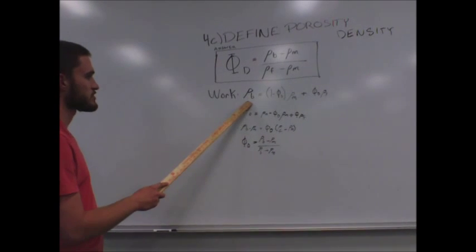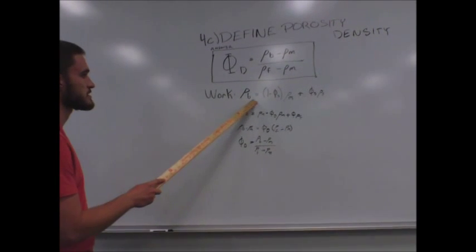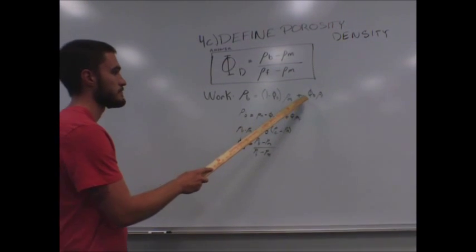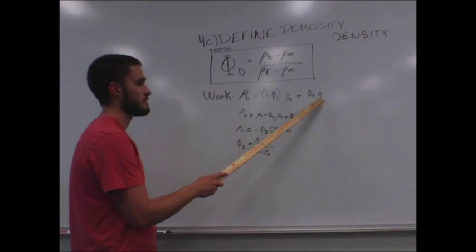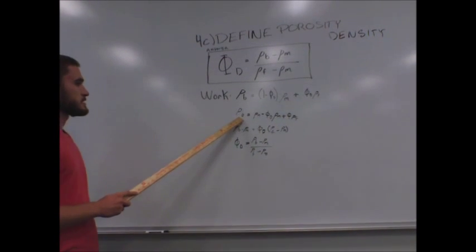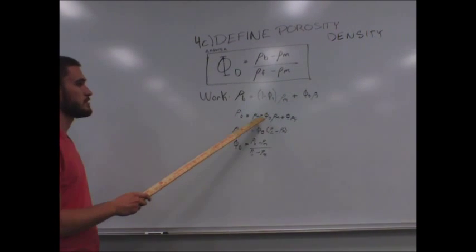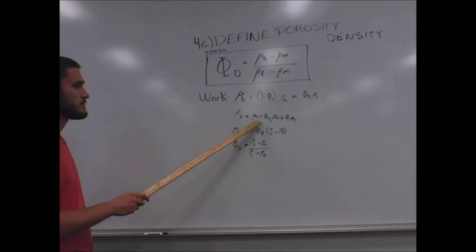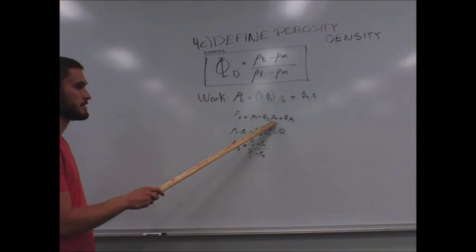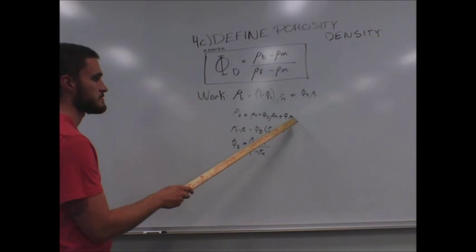Your original equation that we were given in class is that your bulk density is equal to 1 minus your porosity times your matrix density plus your fluid density times your porosity. Bulk density is then equal to this following equation, where it's your matrix density minus your porosity times your matrix density plus your porosity times your fluid density.